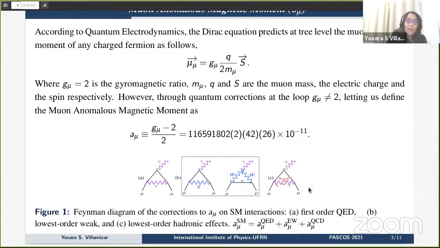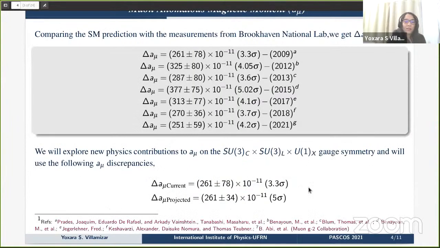But now there are discrepancies between the theoretical value and the measurements, and you can see here some of these discrepancies. In our work, we take this value here, the current discrepancy, from the Particle Data Group.